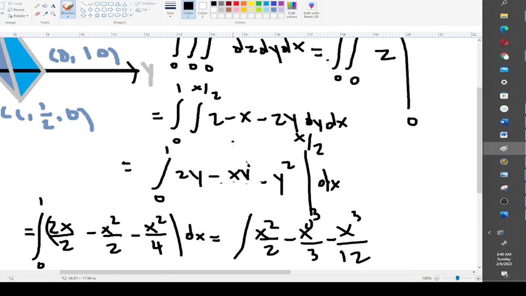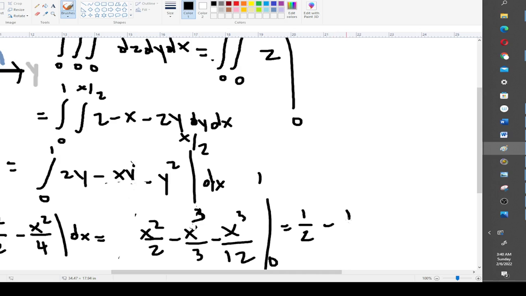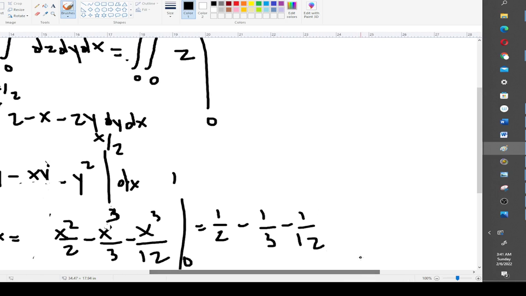And then let me get rid of this stuff here. And then we're going to plug in, no integral since we already integrated, but we're going to evaluate from 0 to 1. You get 1/2 minus 1/3 minus 1 over 12.